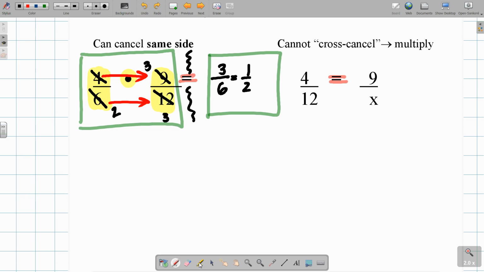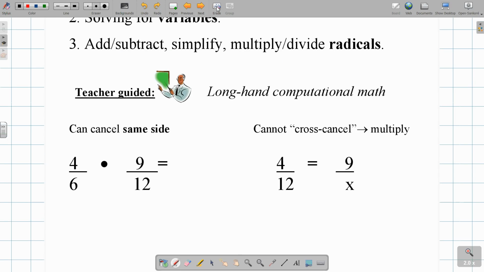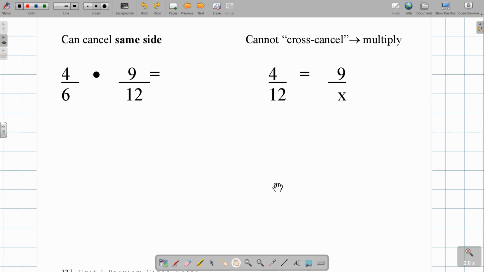Now over here, you notice we're on two opposite sides of the equal sign. So you have your neighbor's fence. You cannot go across the neighbor's fence and take stuff away from your neighbor. Watch what I'm doing.